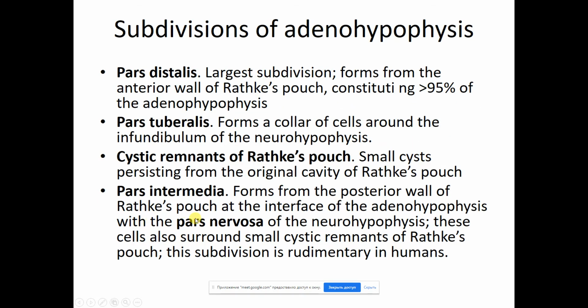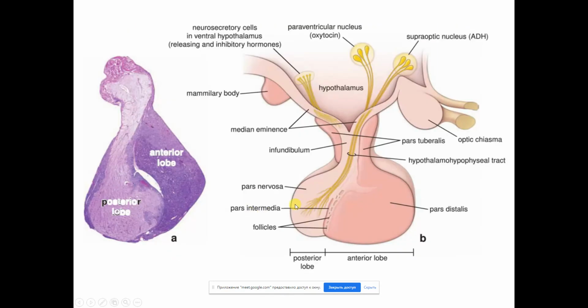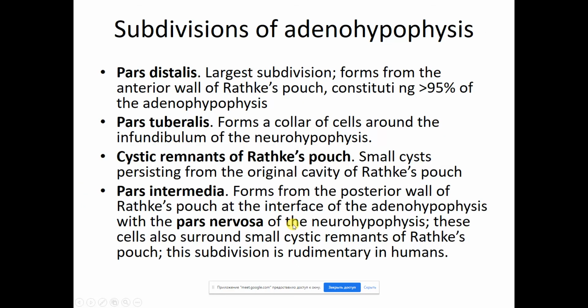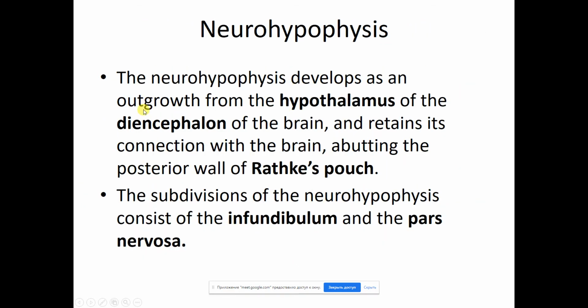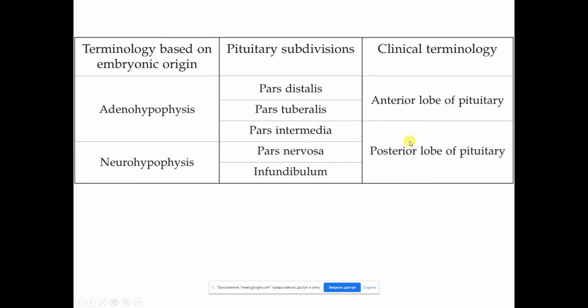After the pars intermedia we have pars nervosa. Neurohypophysis possesses pars nervosa and also infundibulum. That's the anatomical classification: adenohypophysis possesses pars distalis, pars tuberalis, and pars intermedia. Neurohypophysis includes pars nervosa and infundibulum.